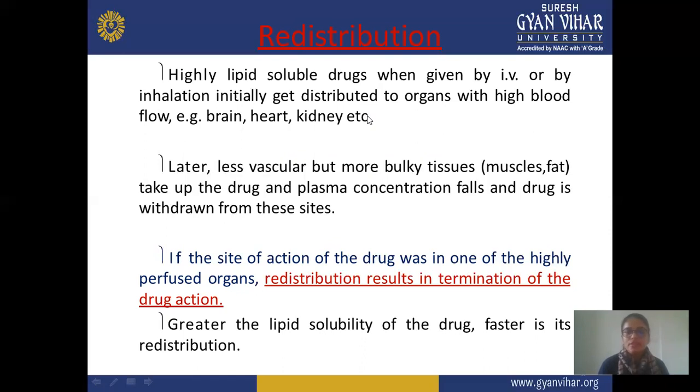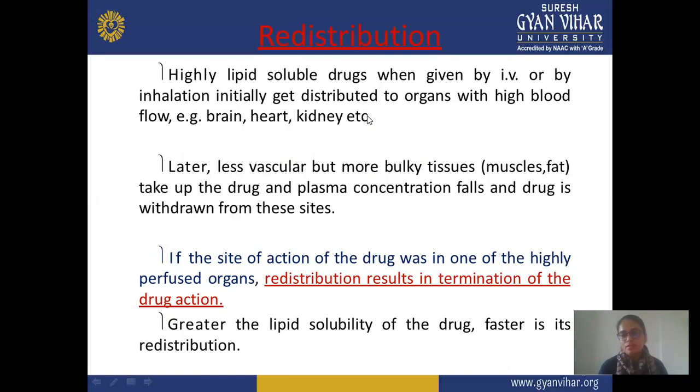Next, if the site of action of the drug was one of the highly perfused organs, then redistribution results in termination of the drug action. Suppose the site of action of the drug is one of the highly perfused organs and you require the effect on, suppose, the heart. In this condition, due to the high perfusion and blood flow rate, the drug gets distributed again and again to the heart, and this redistribution takes place to the required site multiple times.